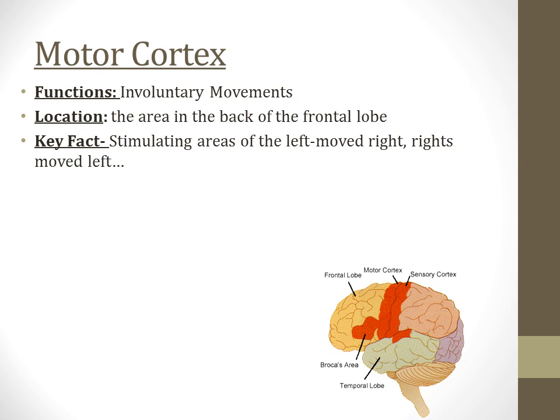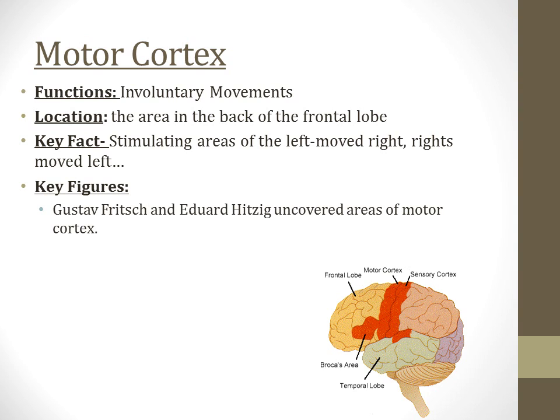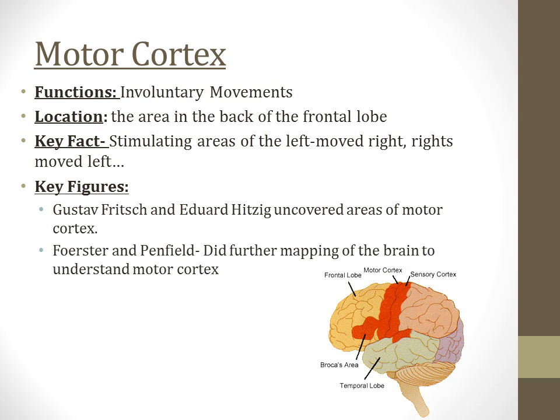They did a lot of work stimulating these areas, and what they found out is that when they stimulated this area of the brain, people would move different parts of their body. Key figures who studied that were Gustav Fritsch and Eduard Hitzig, who uncovered areas of the motor cortex, and then Foerster and Penfield did further mapping of the brain. We're going to talk about that a little more in class.